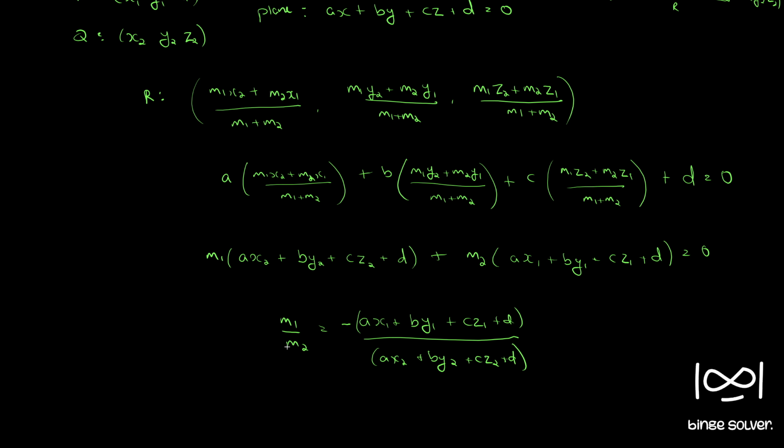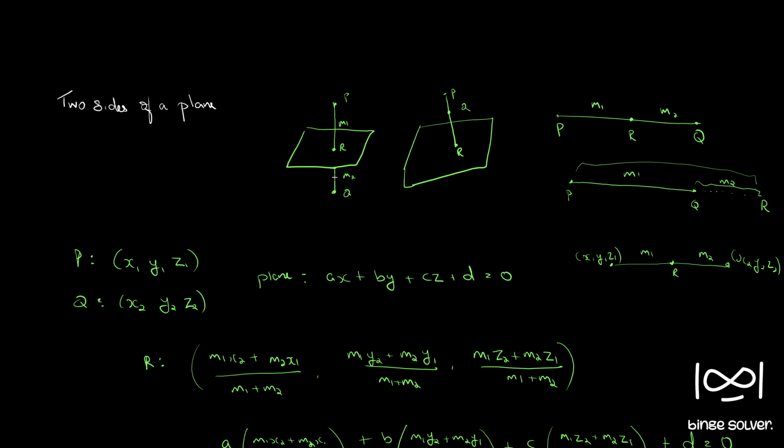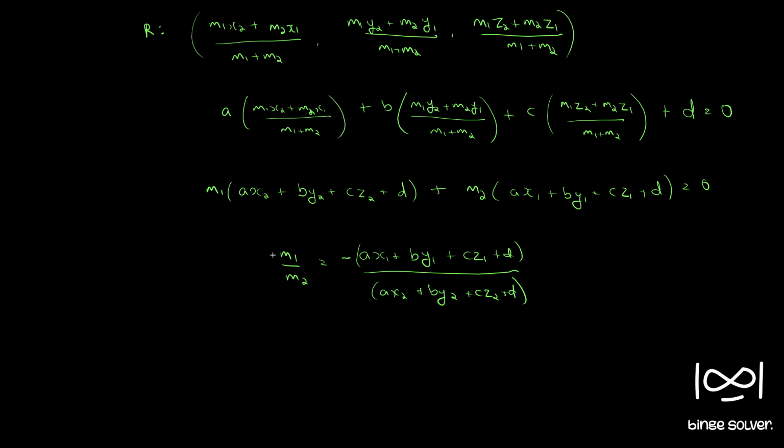We just have to check whether m1 by m2 is positive, which means these two points are on opposite sides. M1 by m2 positive can happen in two scenarios here. If these two expressions, ax1 plus by1 plus cz1 plus d and ax2 plus by2 plus cz2 plus d, are of the same sign, then with the minus it becomes negative, so m1 by m2 is negative.